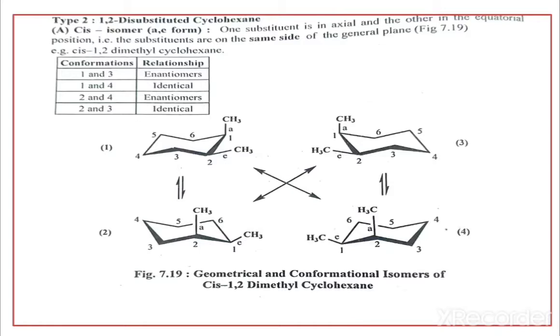We know that if any molecule possesses a plane of symmetry, it is optically inactive. Here, the 1,2-disubstituted cyclohexane has no element of symmetry, therefore it is expected to be optically active.